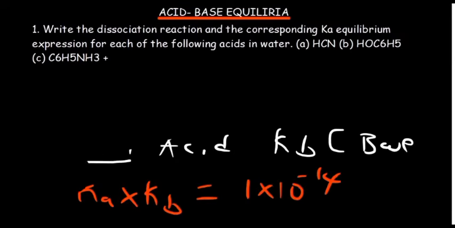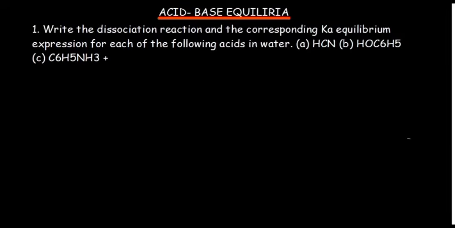Question 1. Write the dissociation reaction and the corresponding Ka equilibrium expression for each of the following acids in water. So you have to look at the given acids here. It's very important to understand the difference between strong acids and weak acids. A strong acid is an acid that dissociates completely into its components.